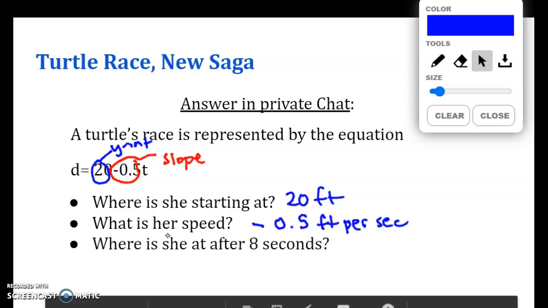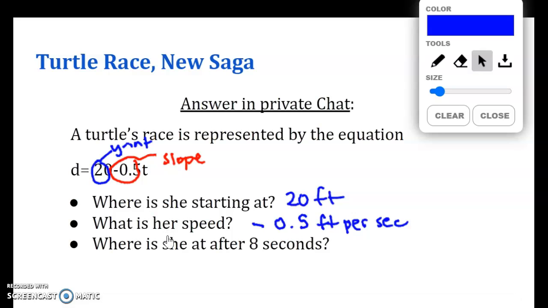Now finally, let's do the next question. Where is she after 8 seconds? How can I figure that out? I substitute 8 as the t. Okay, let me clear everything.